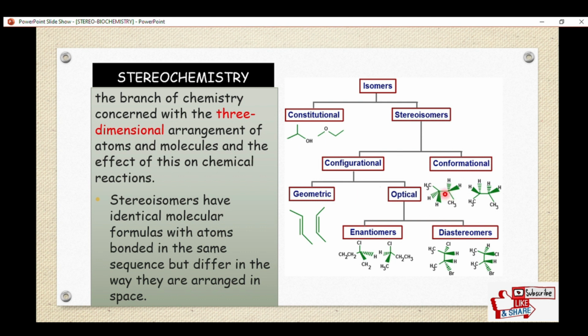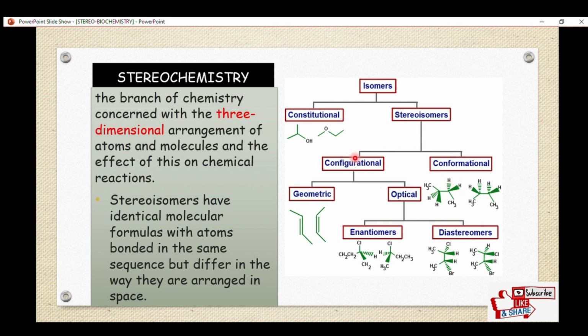When we check this molecule, we have only single bonds. Here we have 1, 2, 3, 4, so it's a four carbon atom molecule, and all the bonds involved are single bonds. So these are conformational isomers.